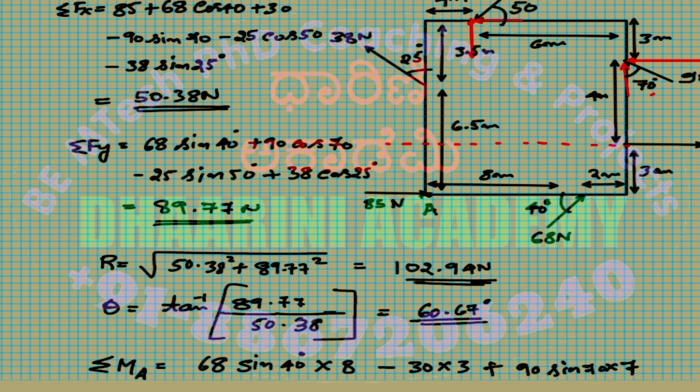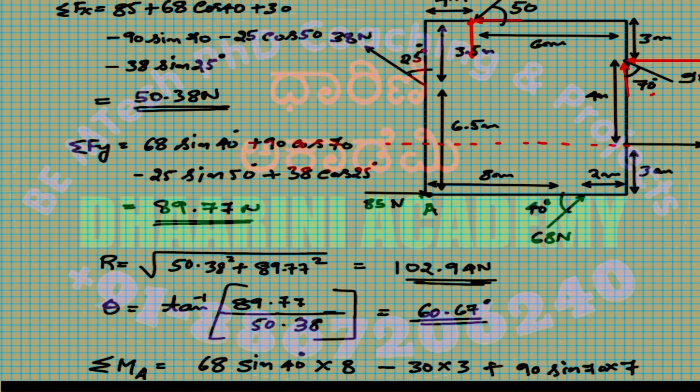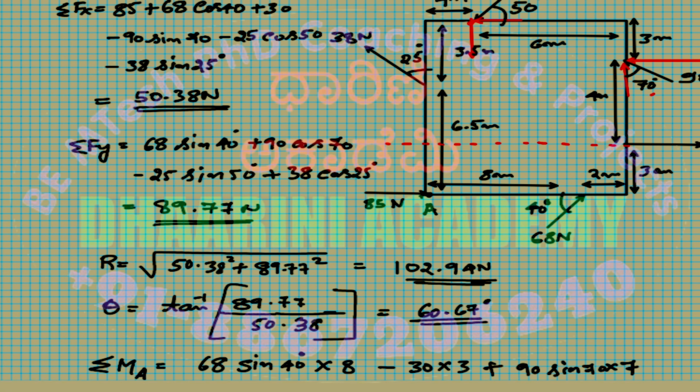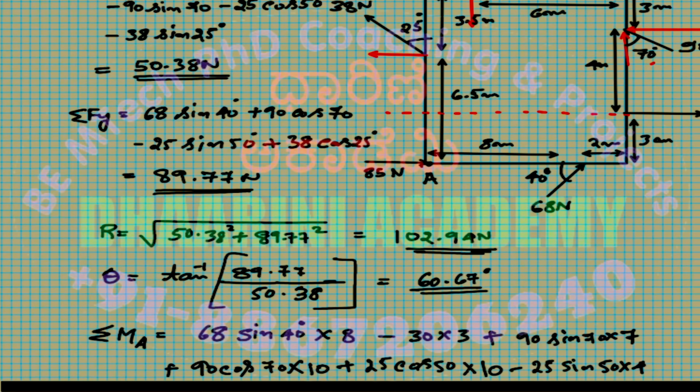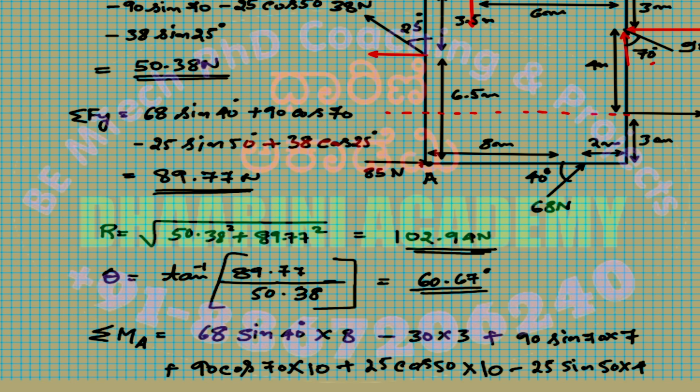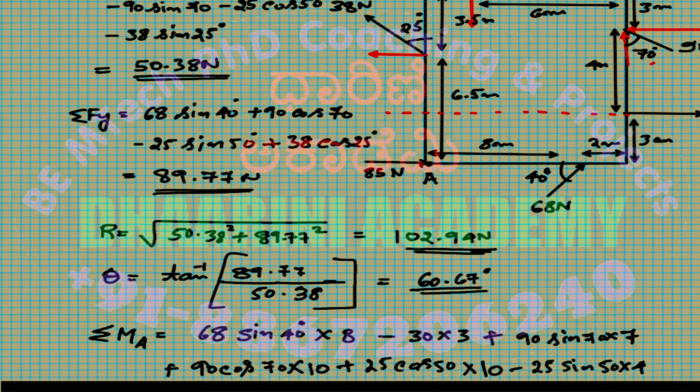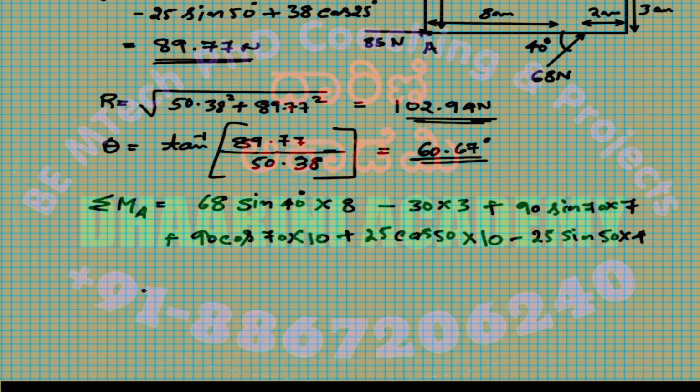The vertical component will pass through A, so I will not mark that. Only we are interested in the horizontal component. The vertical component passes through A, so you don't have to. So the horizontal component is 38 sine 25.